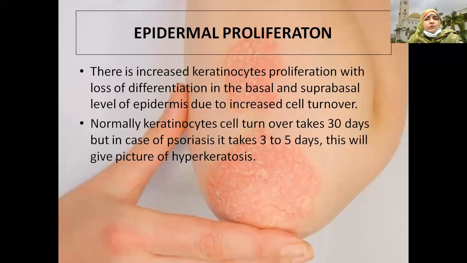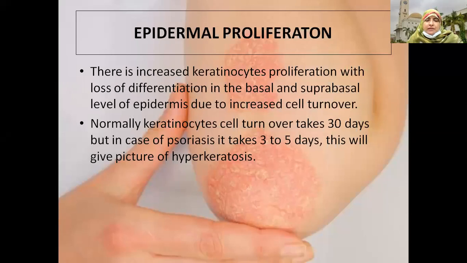Okay, so there is increased keratinocyte proliferation with loss of differentiation in the basal and suprabasal level of the epidermis because of increased cell turnover. As I told you, there is a process of keratinization that begins from the basal germinal layer of the epidermis, and there is differentiation of the cells into the spinous layer and the granular layer, and finally into the outer stratum corneum.